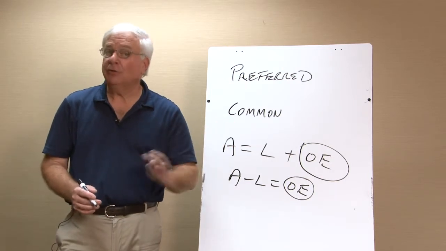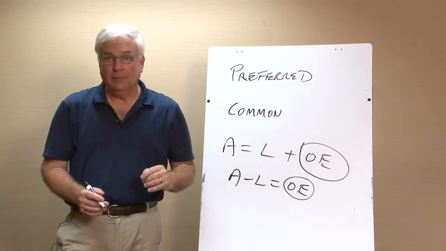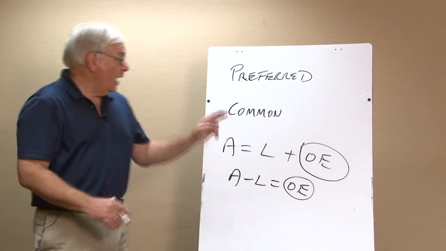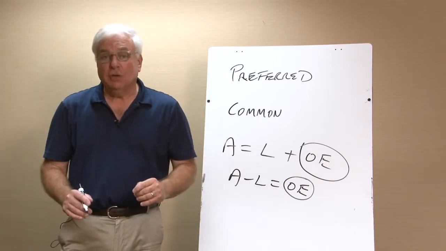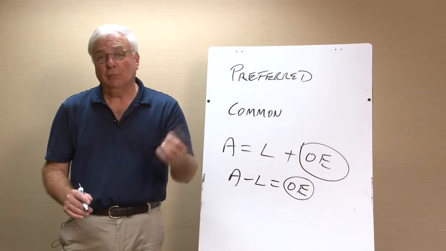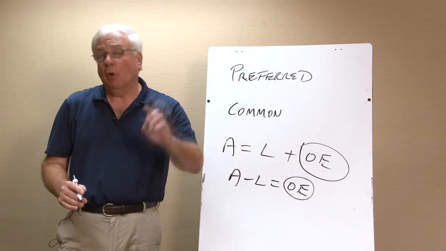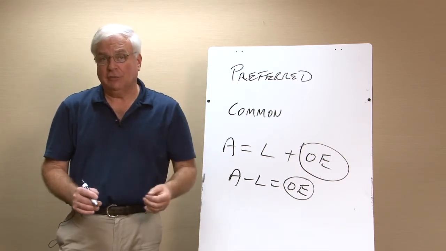The company doesn't have to declare the dividend, but if they do, preferred is paid the dividend first. In return, they don't get any voting rights. Common shareholders, every company will have. Now, shares of common stock, if there aren't any preferreds in front of them, they get the dividend right away if it's declared. If there are preferreds in front of them, they've got to wait till the preferreds are paid, and then they get the dividend second.